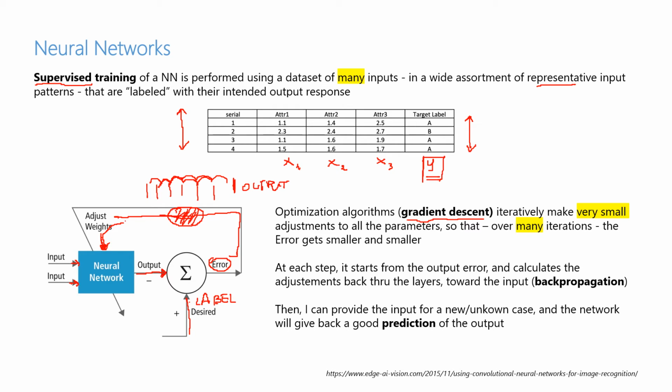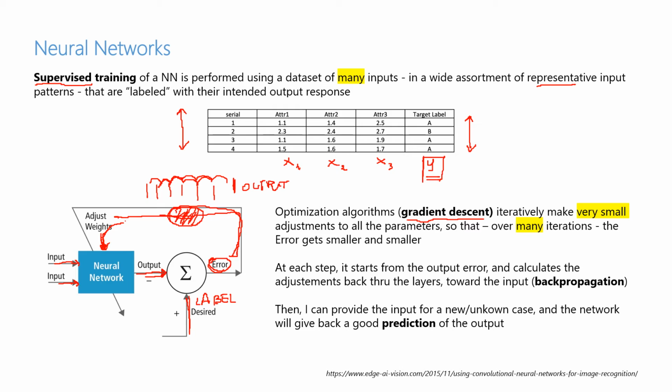Having done this adjustment of the weights, following these algorithms, and the family of algorithms that is used is called gradient descent, we again fire our network on another case and we calculate the output, we compare to the correct result and we get the error. And from the error we can do another very little adjustment to our weights.